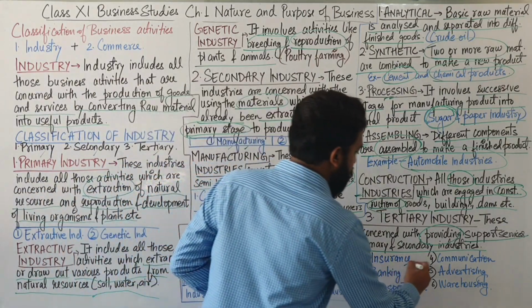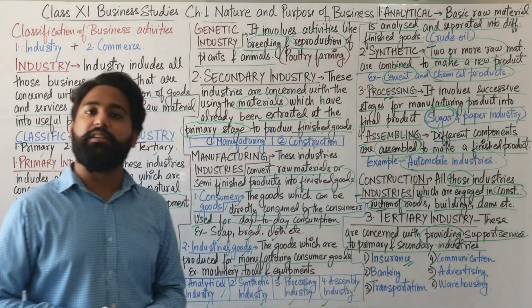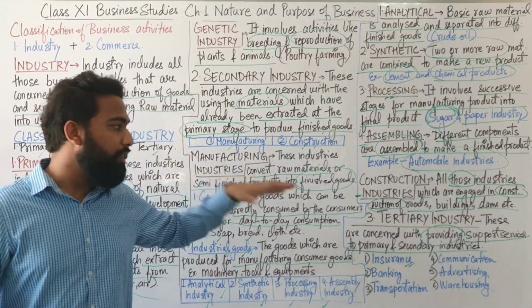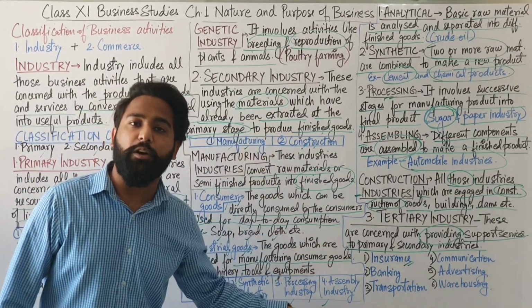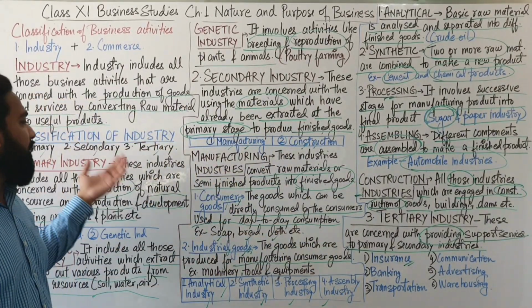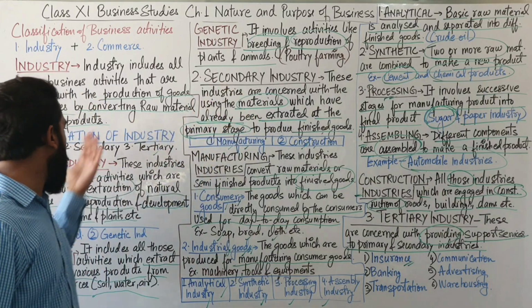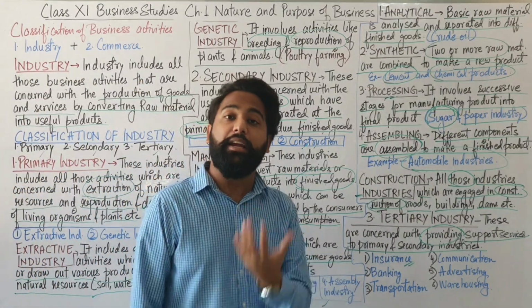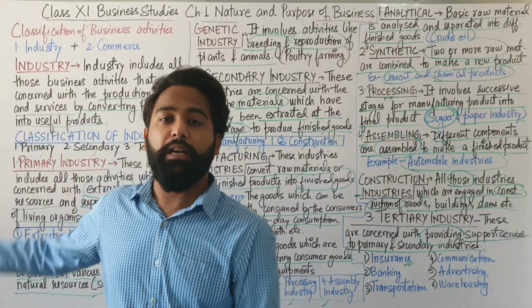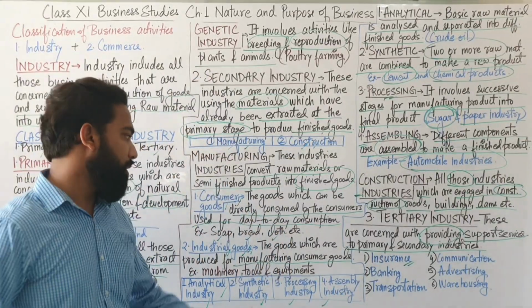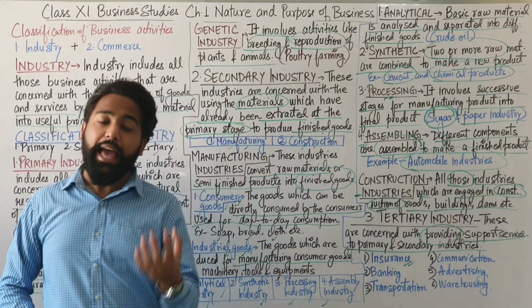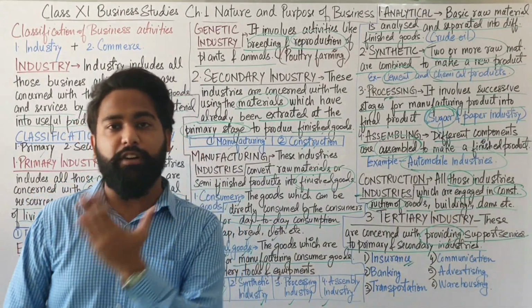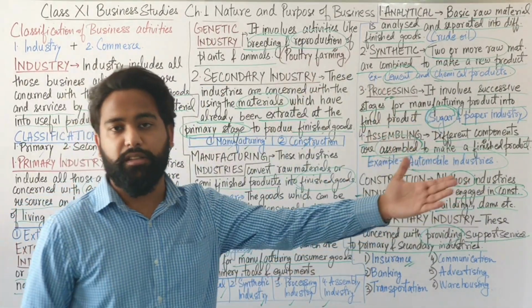They provide insurance. The insurance companies minimize the risk of the manufacturing, secondary and primary industry. Banking provides credit and loans to the primary and secondary industry. Transportation helps in transporting goods from one place to another.